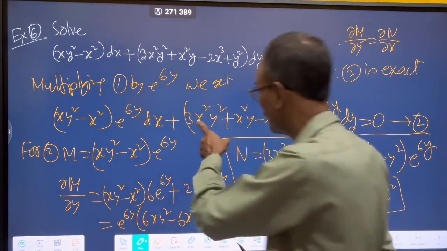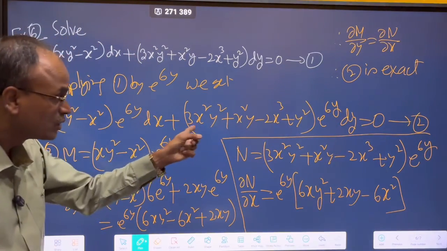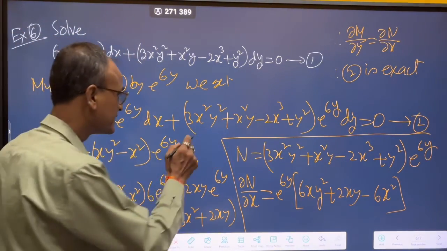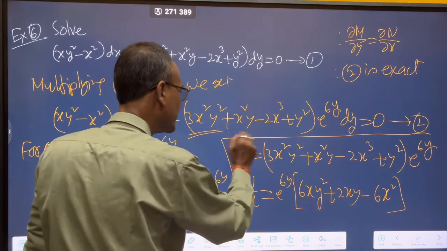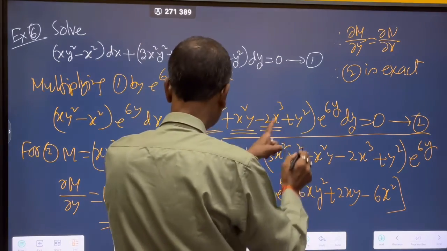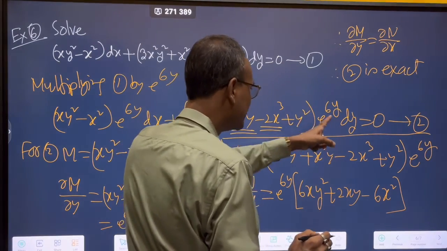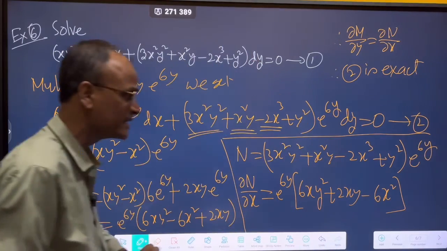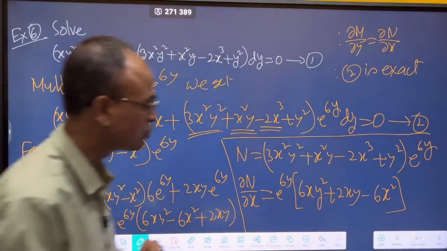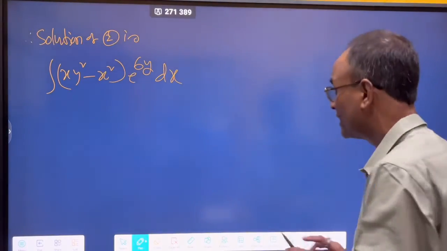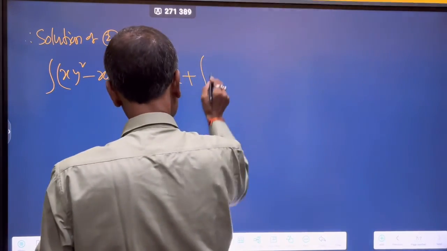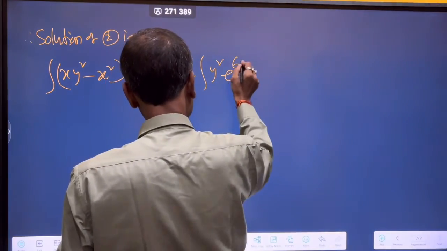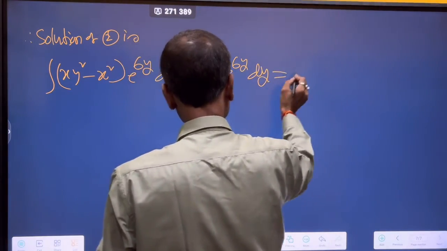And taking only those terms in N which are free from x. Without x, there is only this term, y² e^(6y) dy, plus the integral of y² e^(6y) dy, equal to constant.